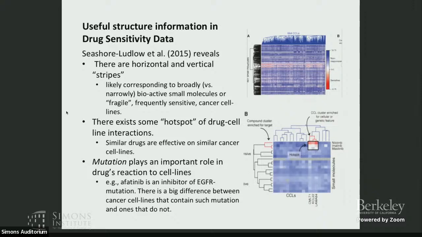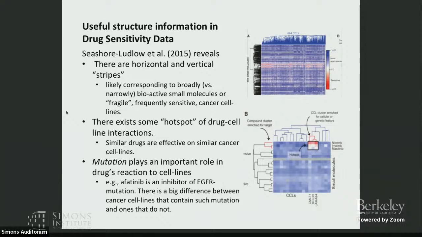If we want to do that, we first need to convince ourselves that there are meaningful structures in the data that give us hope of doing reasonable dimensionality reduction, or some kind of low rank matrix approximation, to denoise the data.